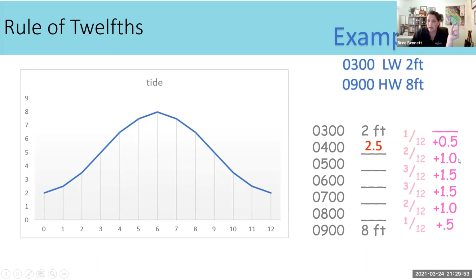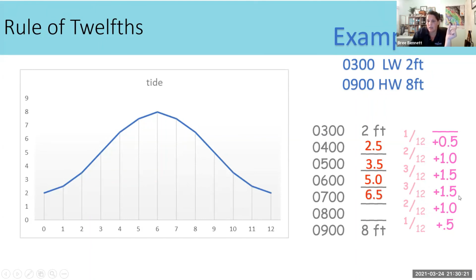The next hour, it changes by 2/12, so it's going to change 1 foot in an hour. So we get 3.5. The next 2 hours, it has that rapid change. It's changing 1.5 feet in 60 minutes, where that first hour, it only changed half a foot in 60 minutes.